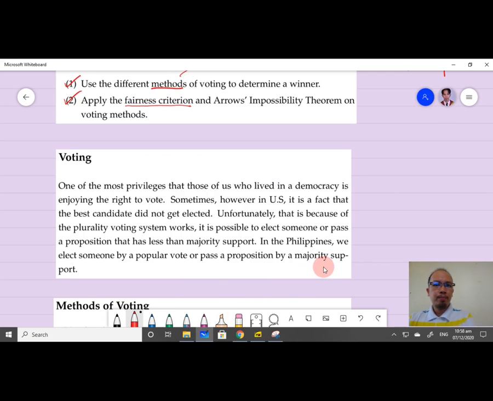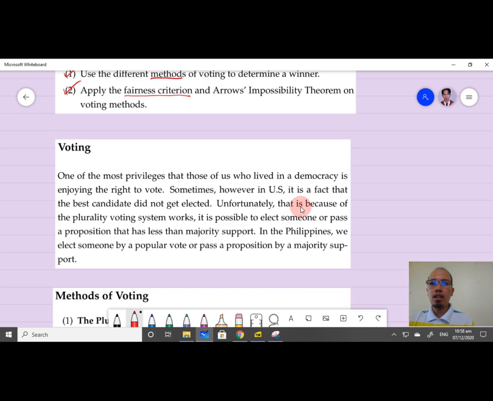It says here, unfortunately, that is because of how the plurality voting system works. It is possible to elect someone or pass a proposition that has less than majority support. Let me point out here this one, majority. What do we mean by majority? We will discuss that later.